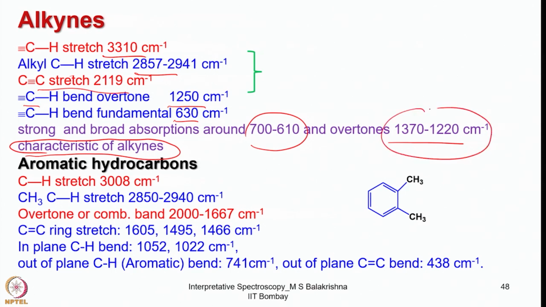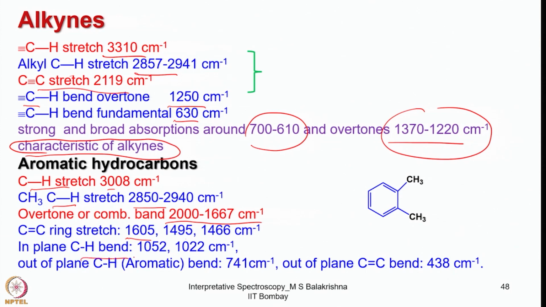In case of aromatic hydrocarbons, the aromatic CH stretch would appear around 3008 centimeter minus 1, and the CH3 CH stretch would be around 2850 to 2940. Overtone or combination bands would be in the range of 2000 to 1667 centimeter minus 1, and the C double bond C present in the ring would have stretching frequencies around 1605, 1495 and 1466 centimeter minus 1.